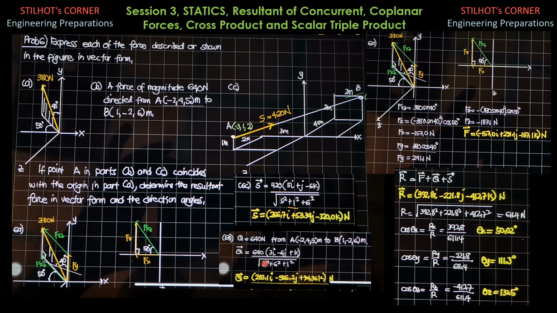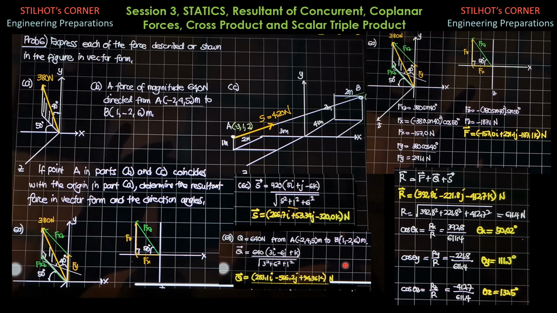This is F over d first as the multiplier, then delta x i plus delta y j plus delta z k. So we divide it by the distance, square root of 3 squared plus 6 squared plus 1 squared. Don't mind the sign because the square of a negative is still positive. Therefore, in vector form, Q is 283.1i minus 566.2j plus 94.36k.